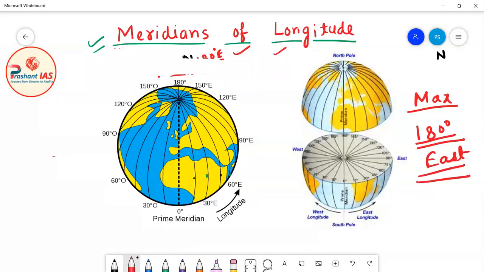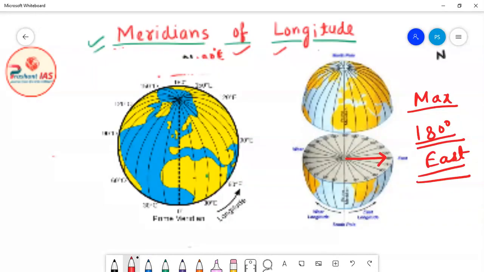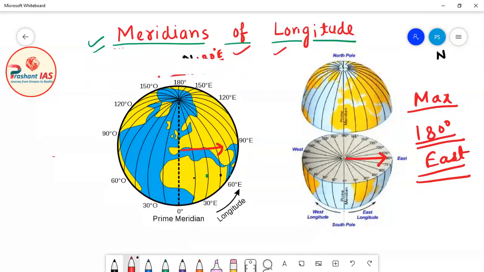So the conclusion is that if we are drawing meridians of longitude to the east of prime meridian, then we can draw 180 degrees of meridians of longitude in the eastern direction.